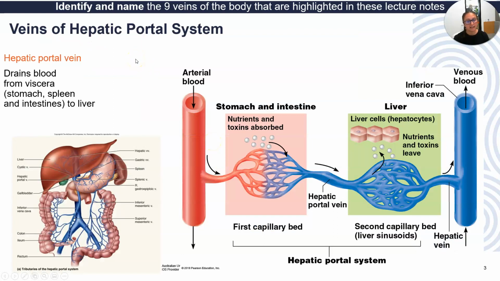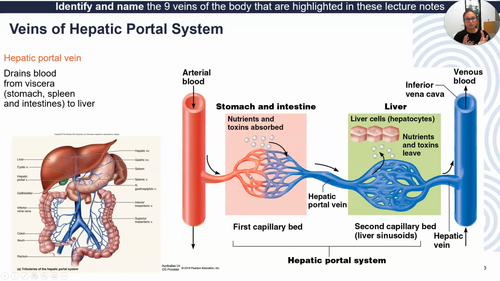Now, what you need to understand is that there's a very, very important way by which we get blood from the stomach and the intestine back into the systemic circuit, and we're going to come back to this when we do digestive. So your stomach and intestine get blood from the aorta.